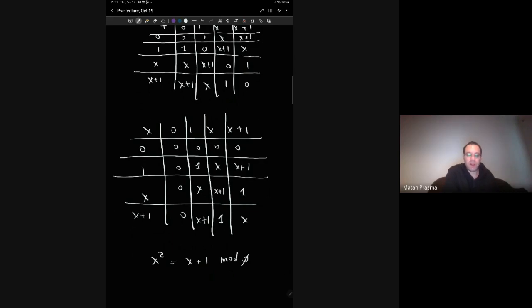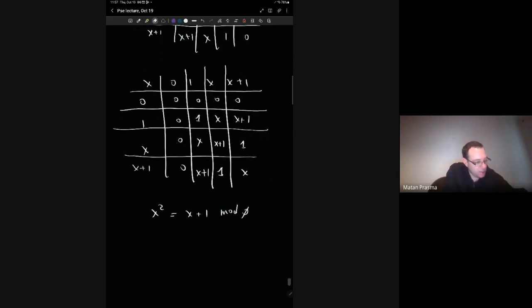So, to justify this purple cell, x squared is going to be equal to minus x minus 1 modulo phi, because phi is x squared plus x plus 1.